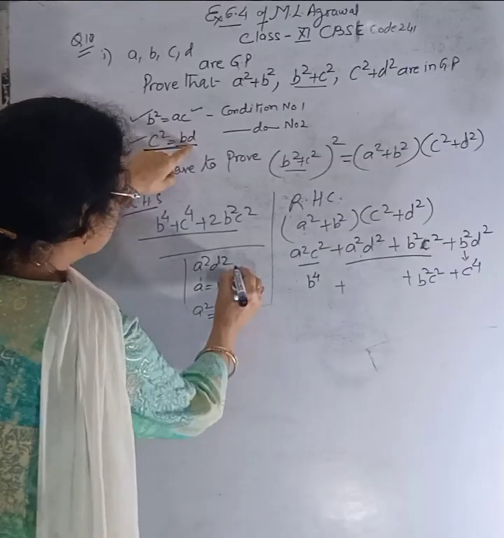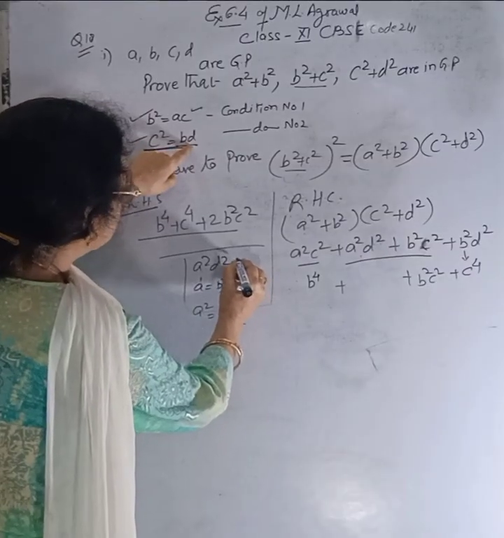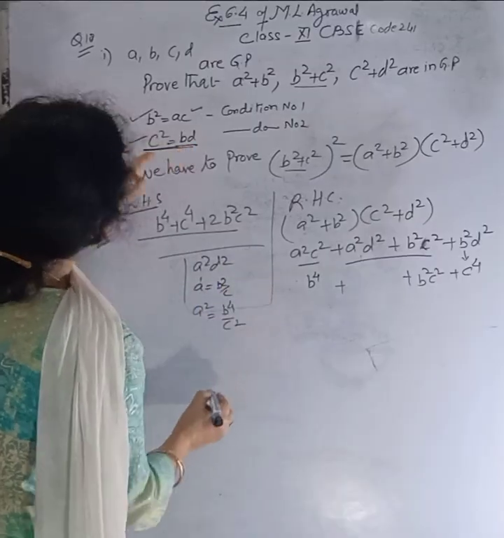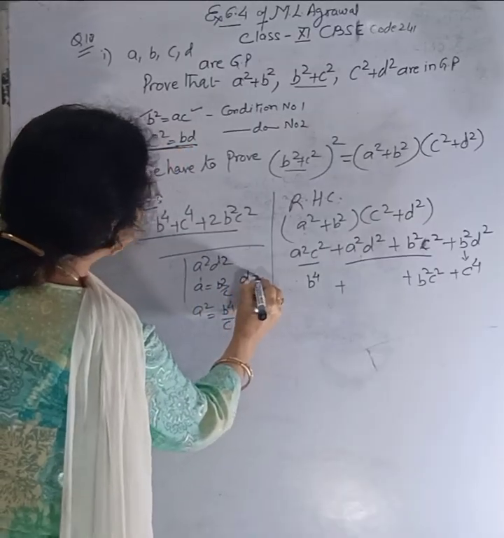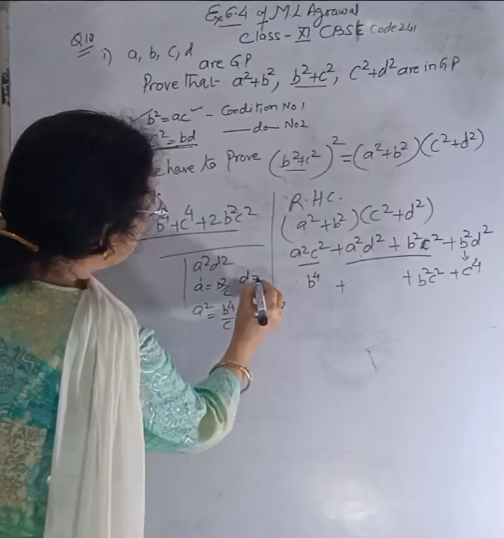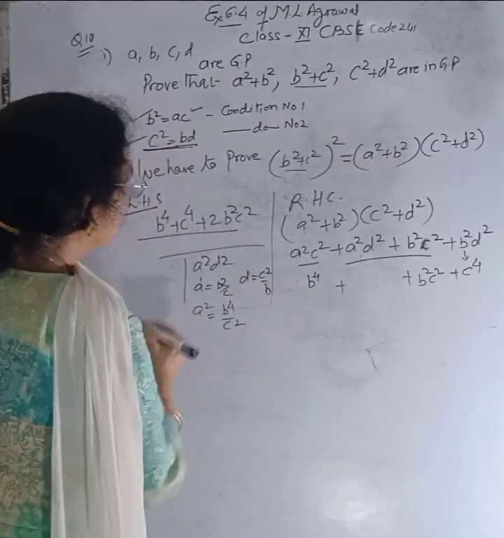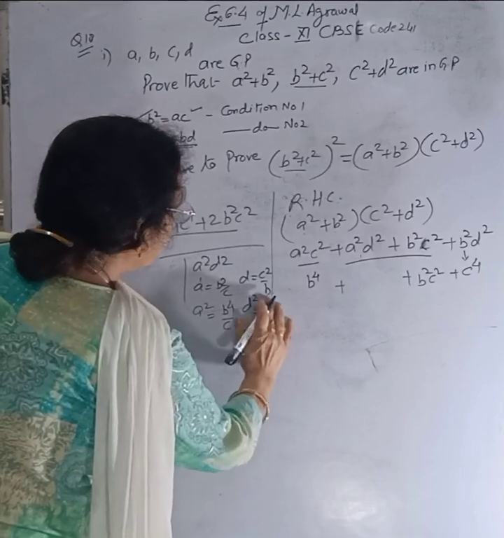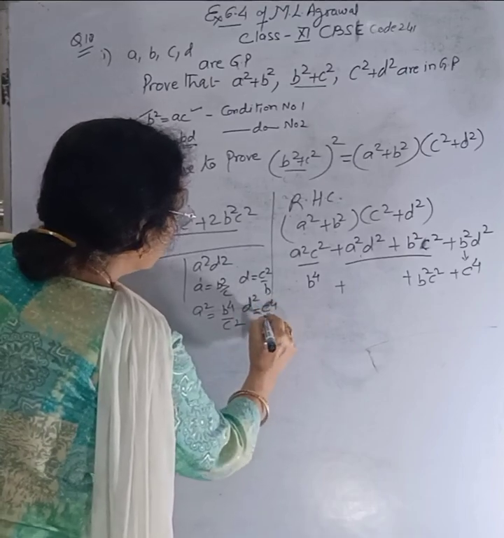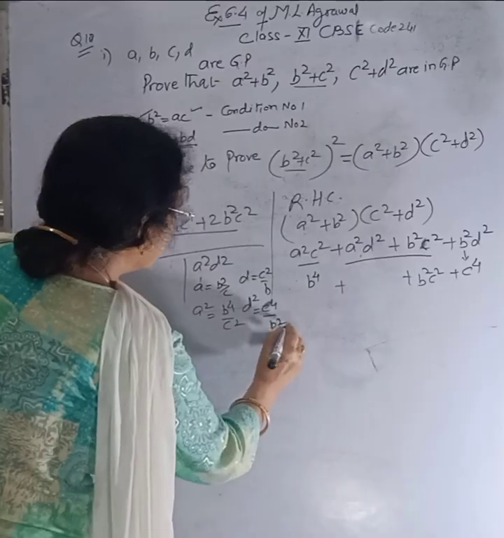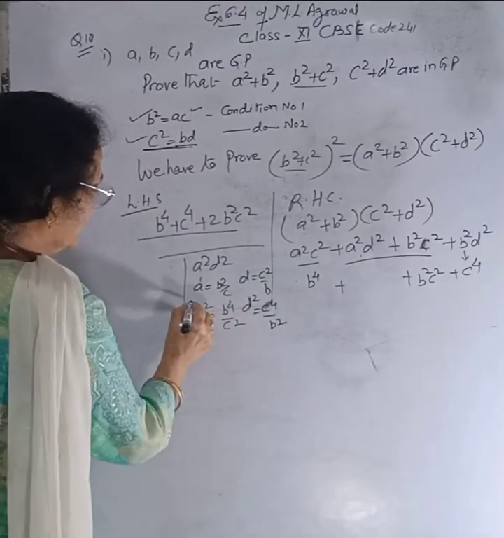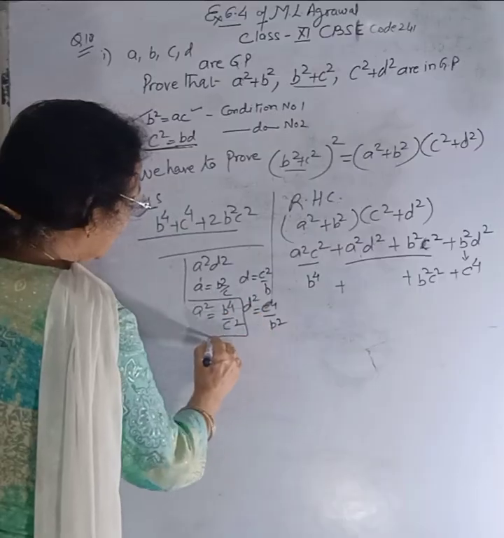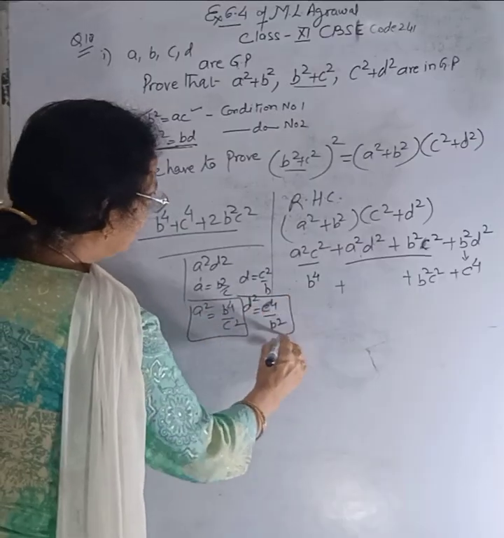D is equal to C square by B. It means D square can be written as C to the power 4 upon B square. Okay? This is the value of A square and this is the value of D square.